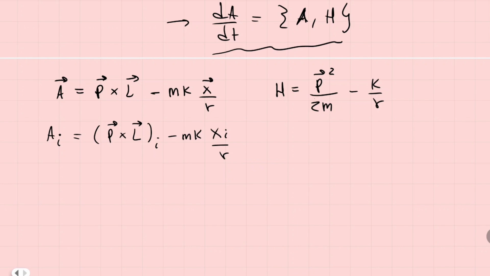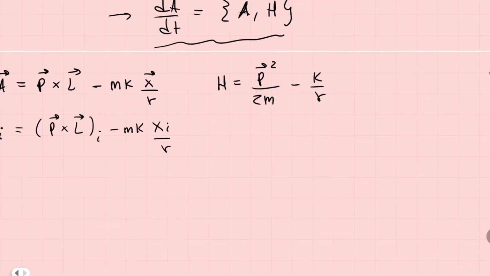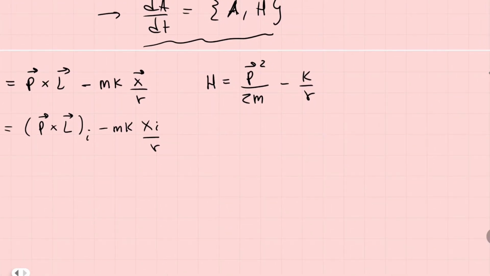Okay, we are taking the component i of the vector, and we are going to do it with index notation to make it easier. That means that, for example, if P can be represented as P_i e_i, where e_i is the unit vector in the direction i, then the dot product P dot P, which is P squared, is going to be just P_i P_i.